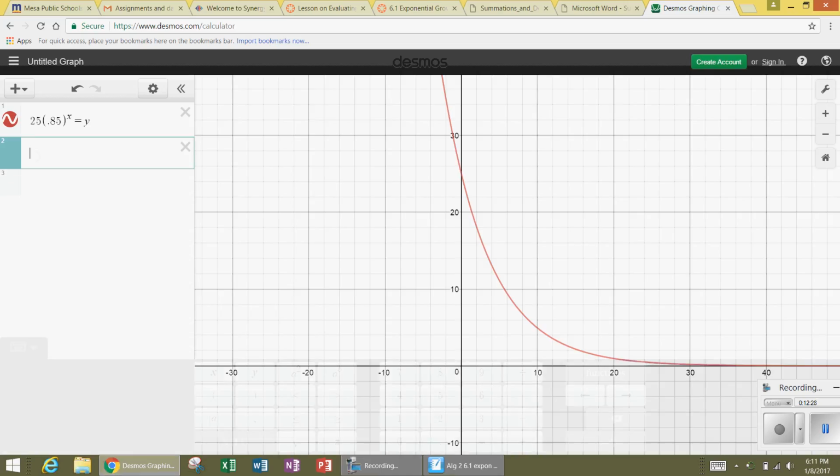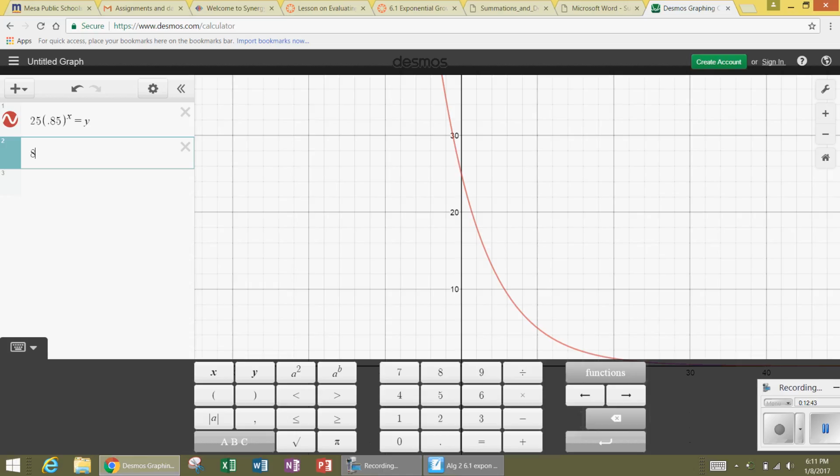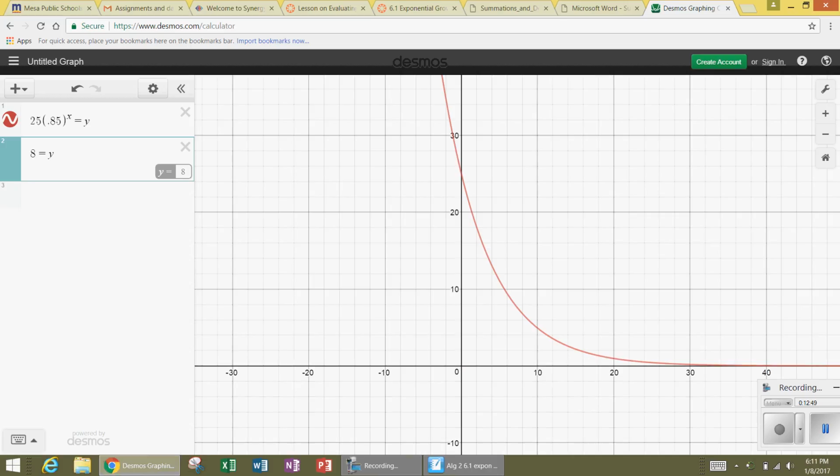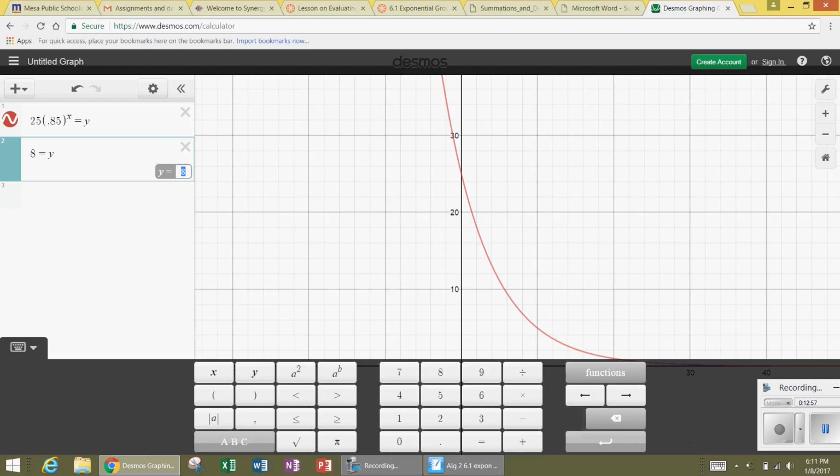And now it's asking us for when this is going to be 8,000. I don't really want to put 8,000 in here. I want to put in 8. Because remember, we didn't pay $25 for the car. We paid 25,000. So when we look at y equals 8, that's representing thousands. Let's get rid of this function.